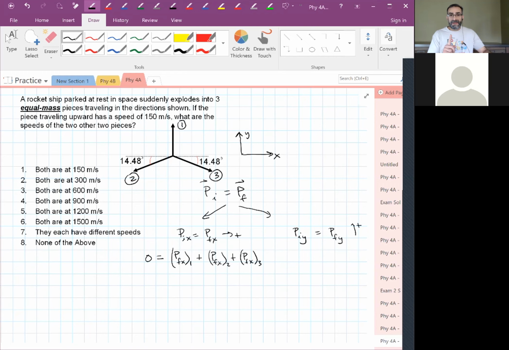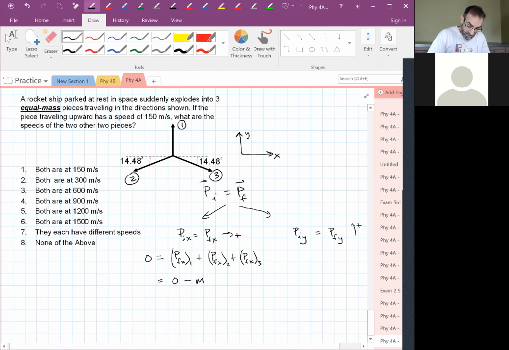Object 1 is moving straight up. It has no x momentum at the end. Object 2 is moving in the negative direction, so I'm going to put a negative sign here, and it's the mass times the x component of the velocity.